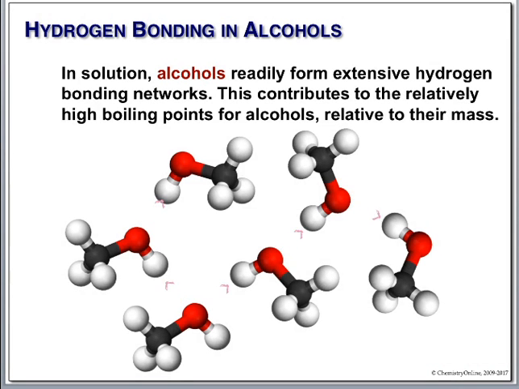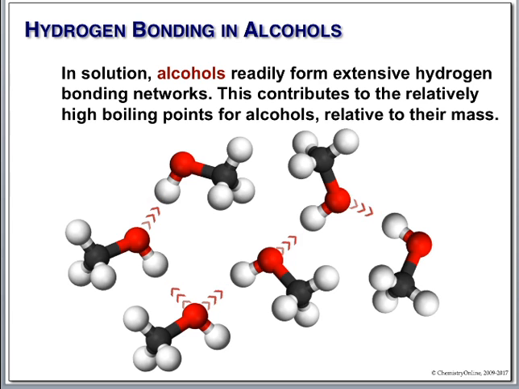The one thing about alcohols that they do well is they can hydrogen bond, just like water. This is methanol. They don't bond as well as water because one of the oxygen is busy holding on to the carbon. But still, we have fairly good hydrogen bonding. Because of that, if you look at the IR, you have a big, broad OH peak.